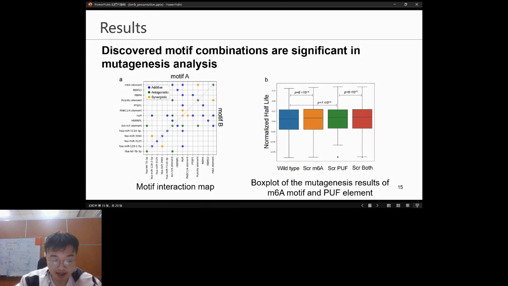Other blank space represents motif pairs for which the combination was not found by neural motif. And besides, the right figure means that the m6A motif and the PUF element had interaction with each other.